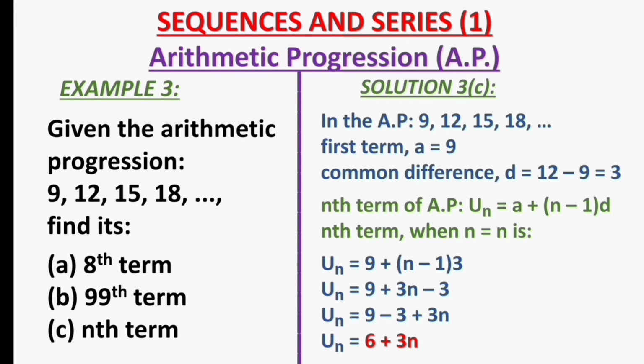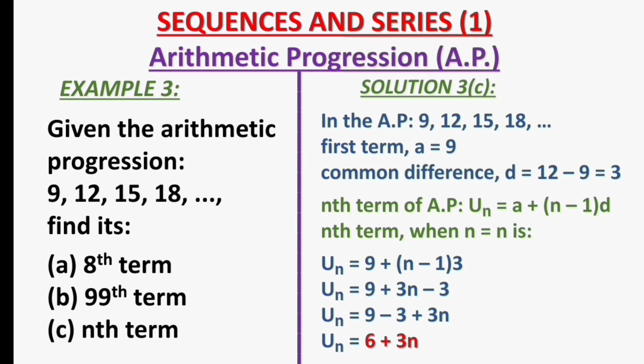Next, let's see the solution to example 3c to find the nth term. To find the nth term, n is equal to n. Substituting n for n into the formula for the nth term of the arithmetic progression, U subscript n is equal to a plus n minus 1 in bracket times d, gives us U subscript n is equal to 9 plus n minus 1 in bracket times 3, which will give us 9 plus 3n minus 3.